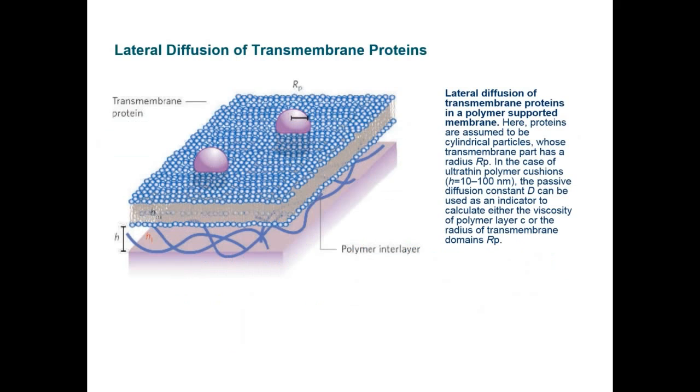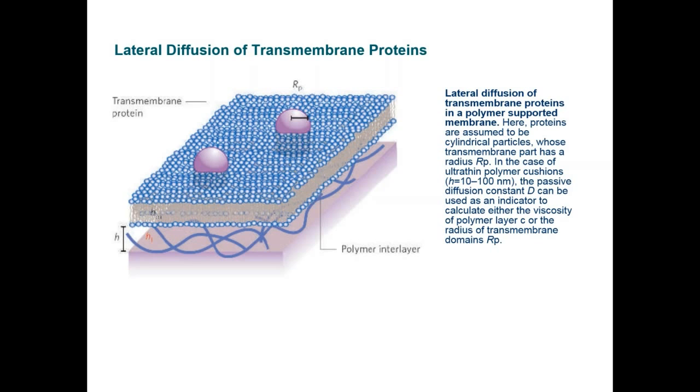As you can see here, there's a lot of lateral diffusion within these artificial membranes, and therefore making it liquid-like or liquid-expanded-like enables you to preserve the property of a membrane.